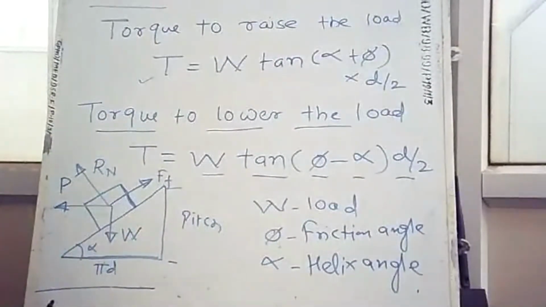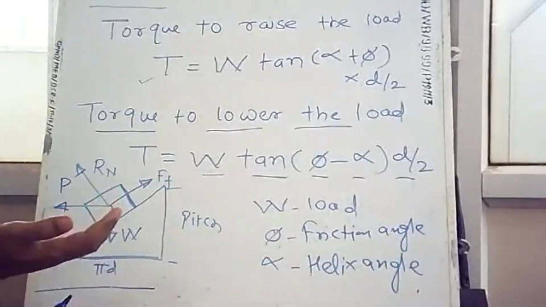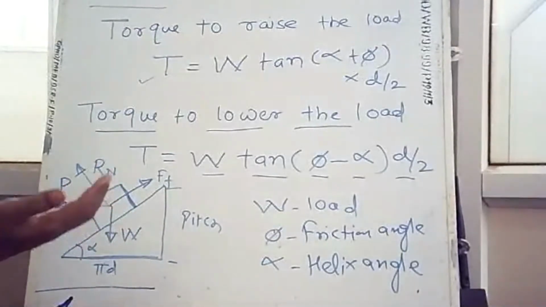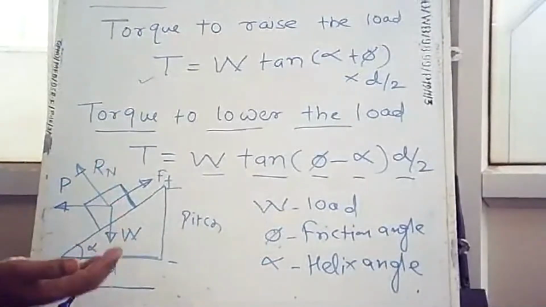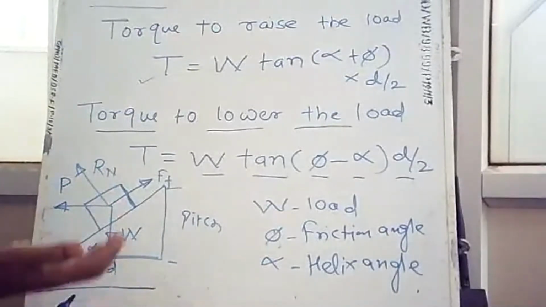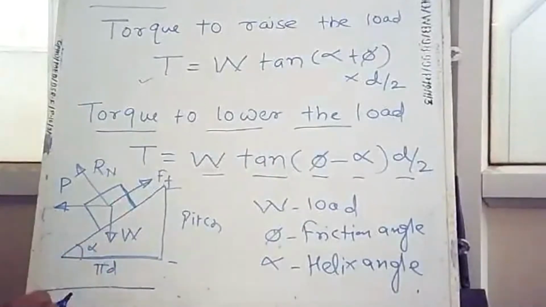Based on this, there may be one question in your mind: whether the torque required to lower the load is positive or negative, because generally we say that if the load is lifted up, we require positive torque. But why is there a necessity of positive, negative or zero torque while lowering the load? So that is the question.